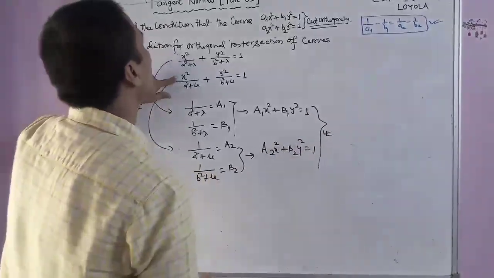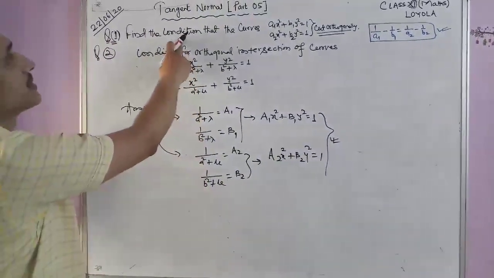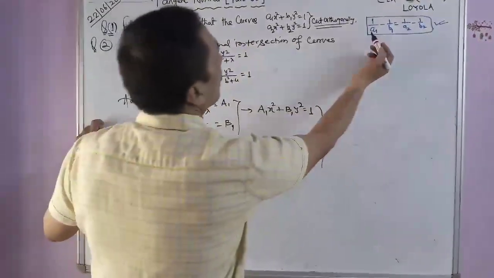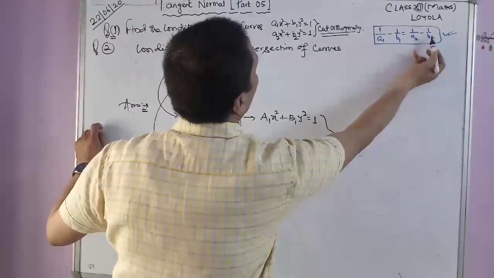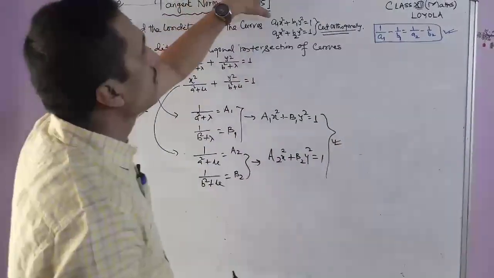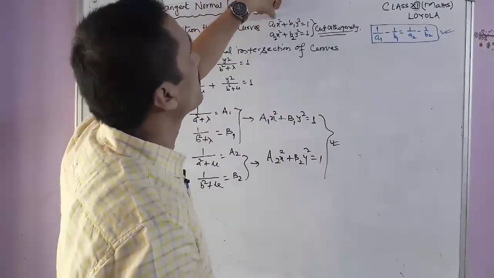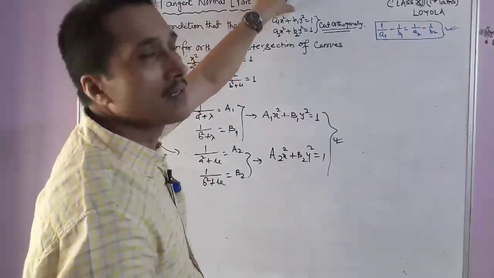For these two relations, we use the result 1 upon a1 minus 1 upon b1 equal to 1 upon a2 minus 1 upon b2. Here a1, a2, b1, b2 are the coefficients of x square, y square.